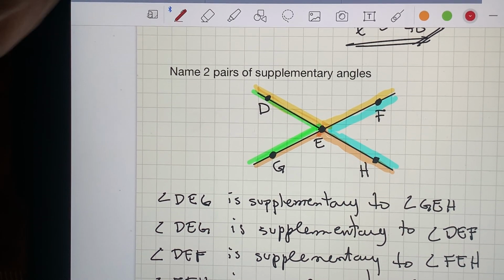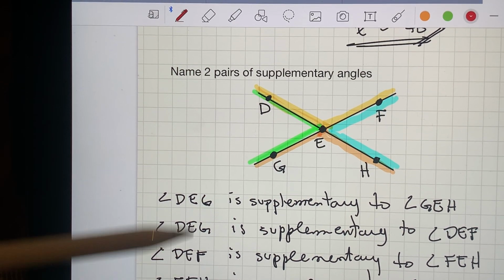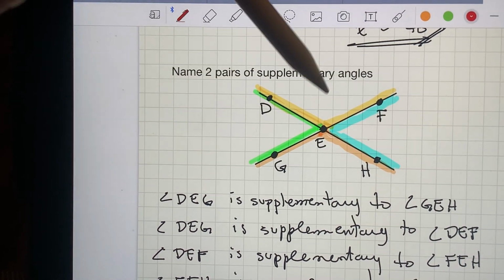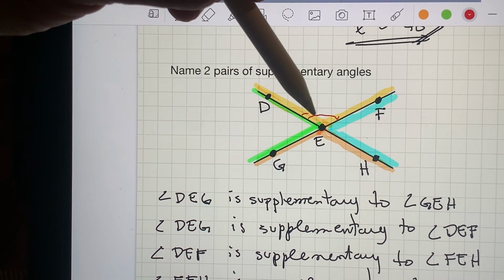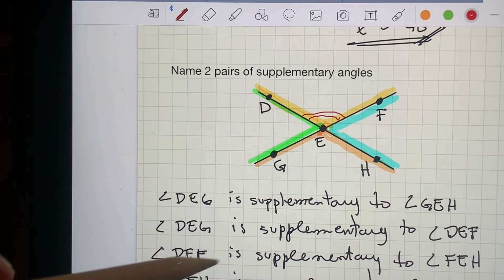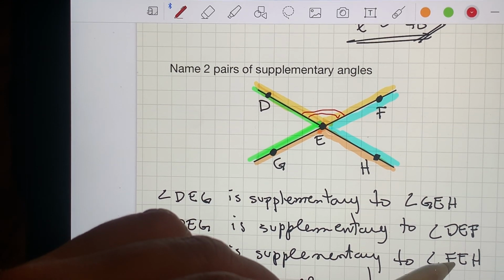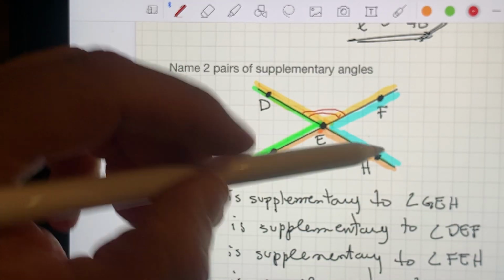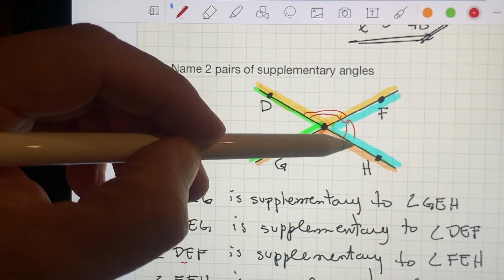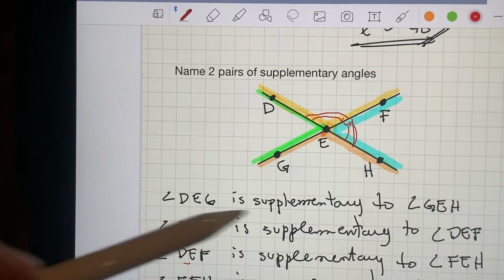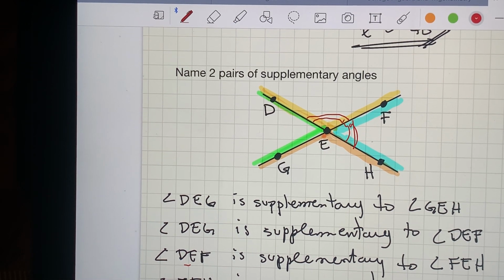Okay. Then we say that DEF, this angle here, so now I'll do it with two lines, is supplementary to FEH, so it's supplementary to this one. And notice that these two angles also add up to 180.